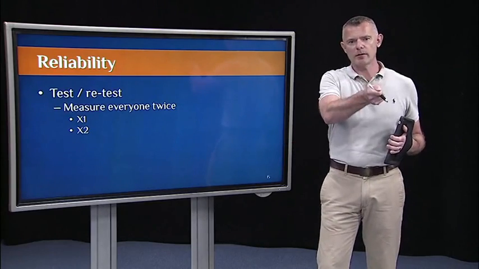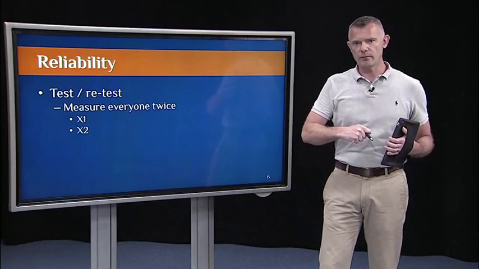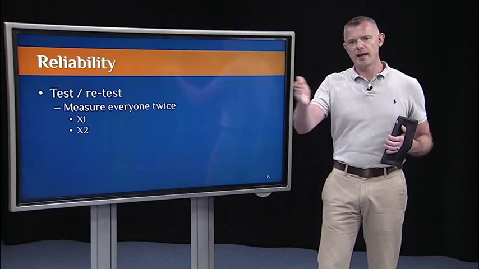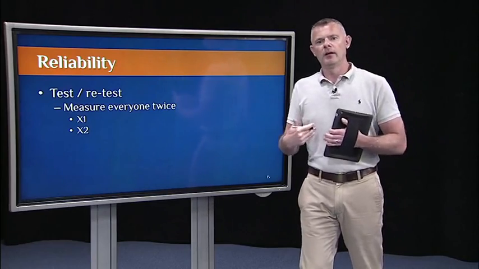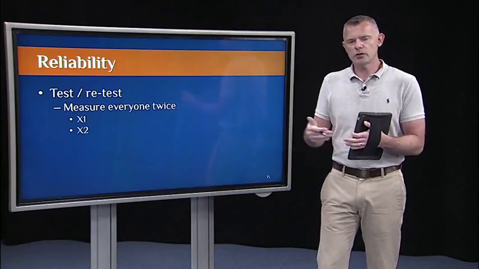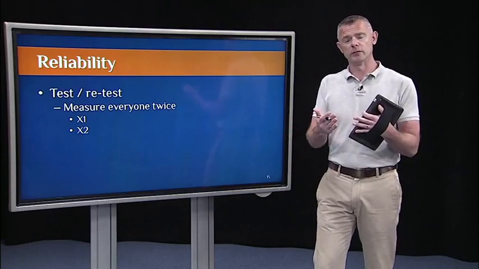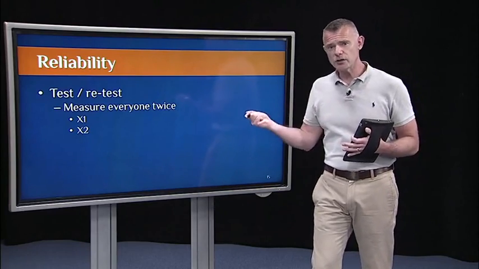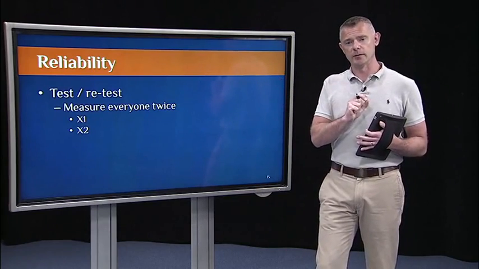Let's take the oral thermometer, measure everybody in a sample, then wait a few hours, do it again, and their measurements should be correlated. People who have a little bit higher body temperature at time 1 should have the same thing at time 2. There should be a strong correlation. In fact, the correlation between x1 and x2 is the reliability estimate.